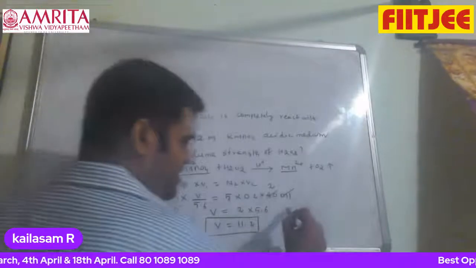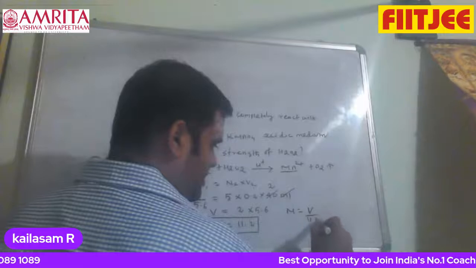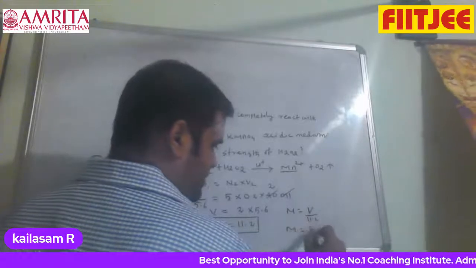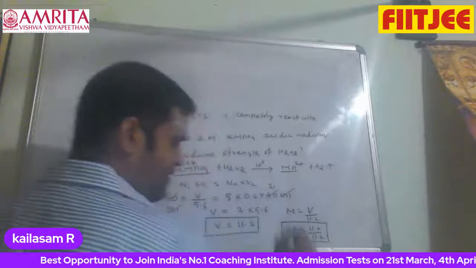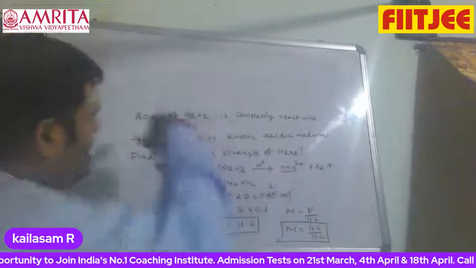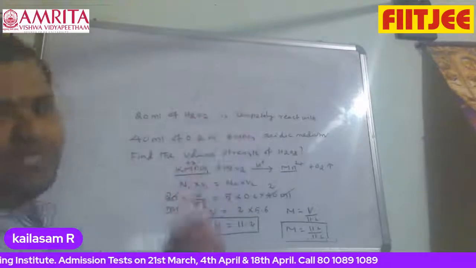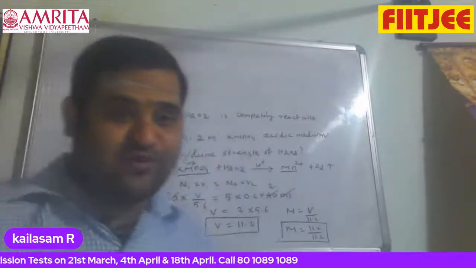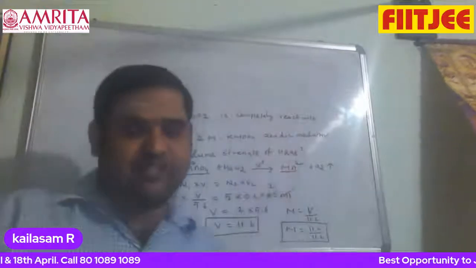Just now we have discussed. Molarity is 1 molar for the 20 ml of hydrogen peroxide that completely reacted. That's what they ask in the examination. These types of questions you may expect definitely in JEE.